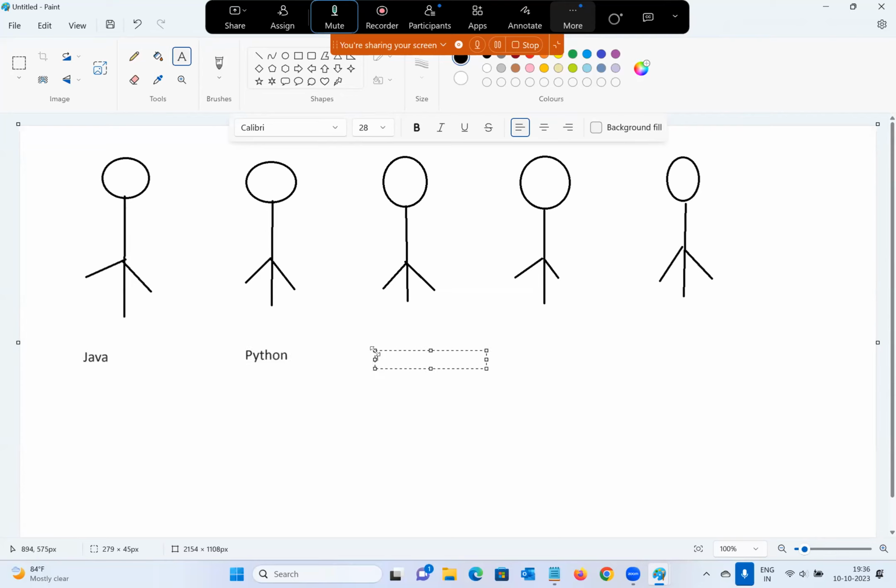Third one, he learned C# or DevOps or something. Fourth one, he learned Oracle. Fifth one, he is from a non-technical background, but he wants to become a software engineer. So without any coding skills, to become a software engineer, the last one learned software testing. How the job market will be, I'll explain.